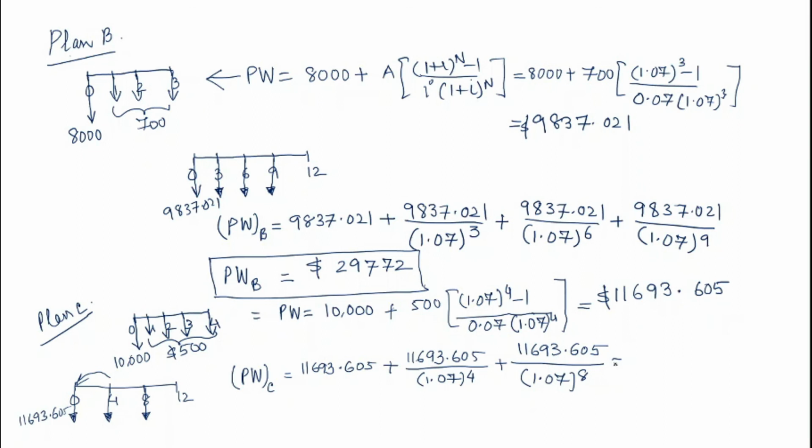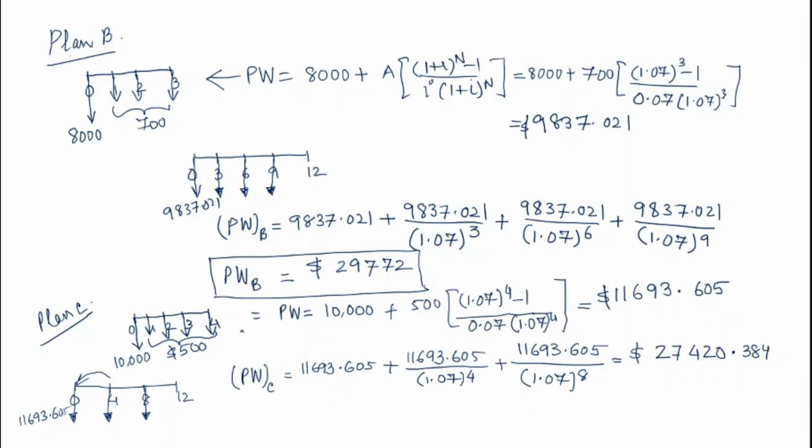If I compute the numerical value of this, it comes out to be $27,420.384. So this is how we use the repeatability assumption to find the present worth of alternatives where there is a difference in the economic life or the useful life of each alternative.